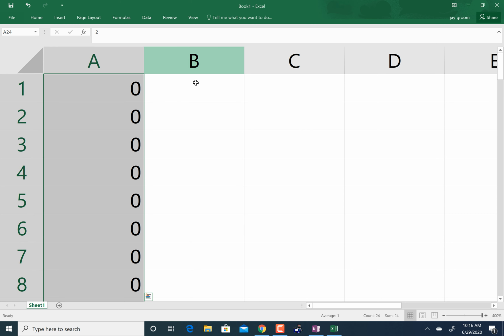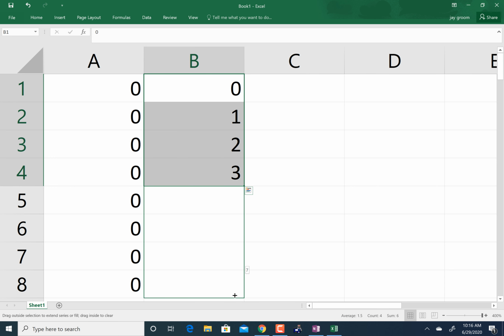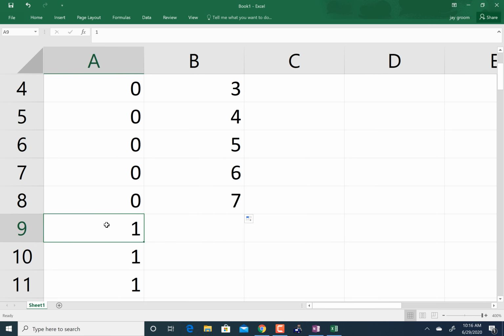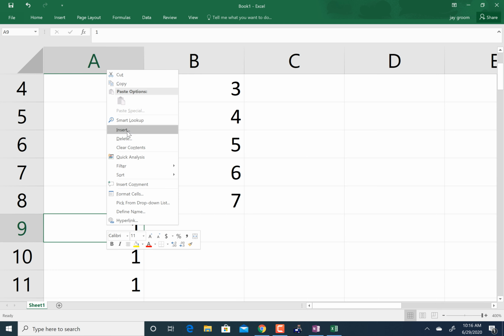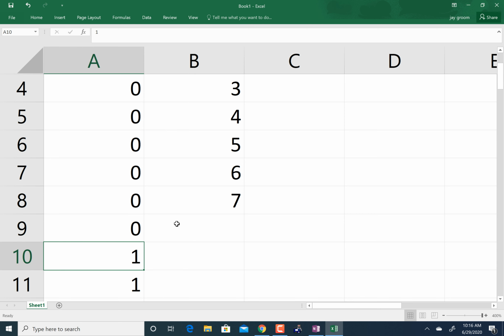So then I'm just going to do 0, 1, 2, 3. Drag down here to 8. Oh, that's the problem. There's your problem. Insert. Down. 0. That's my problem, friend.